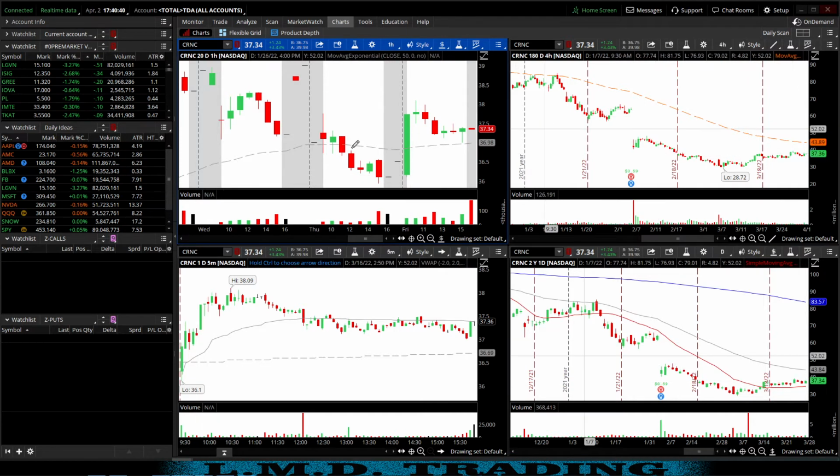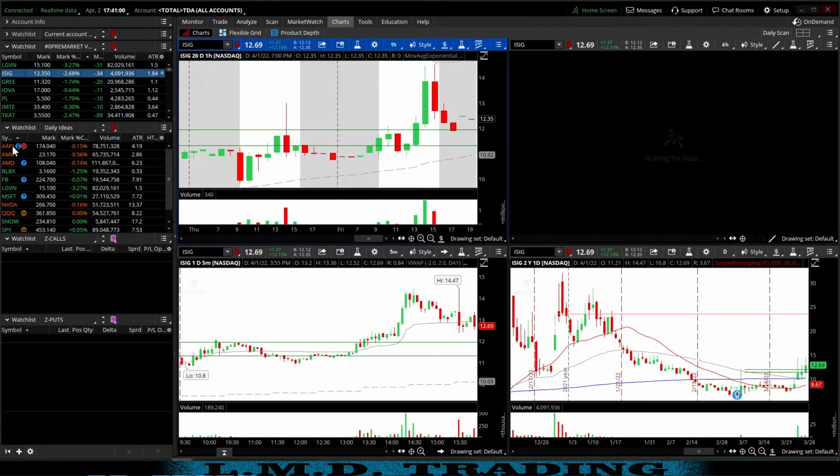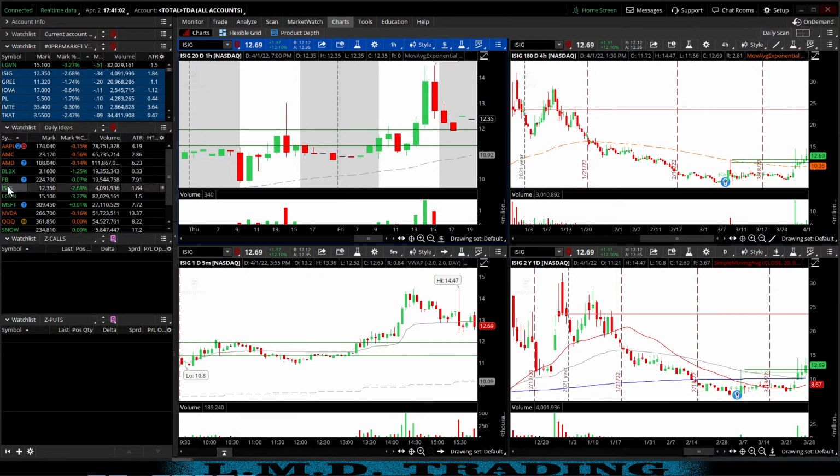But this is my setup for ThinkorSwim when I am looking for trade ideas in the mornings. It has my pre-market watch list, which I'll go between my pre-market watch list and my option scan watch list. This is daily ideas, where I drop my daily ideas, just as simple as holding that down and dropping it in there. So that's that one.